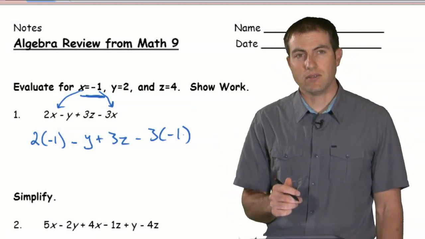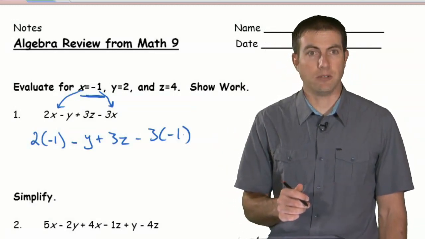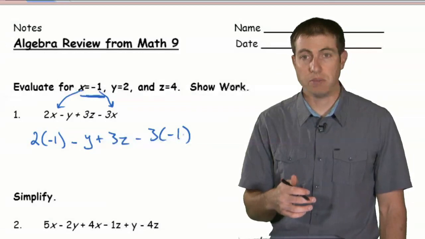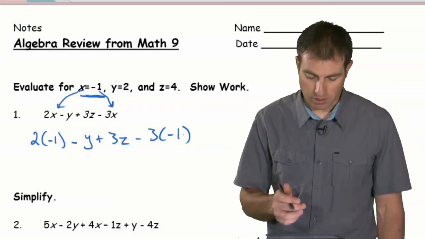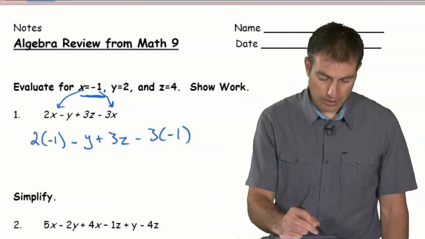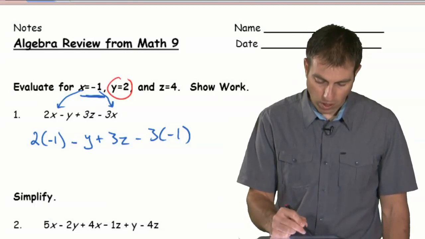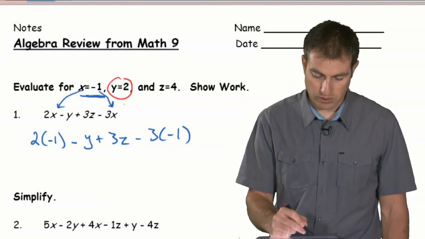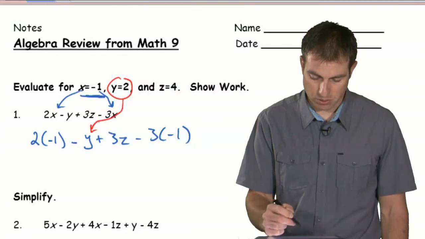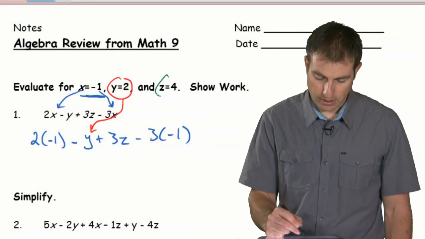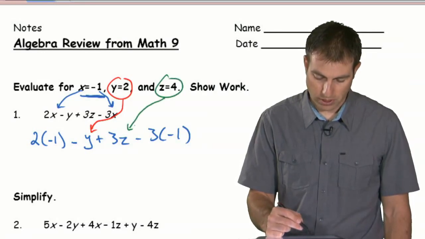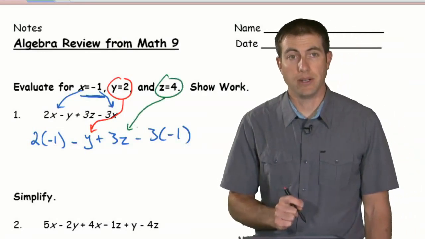Now, I kind of did just one step there, but typically as we get moving, I'll probably do a couple steps at a time. You can also see that the letter y is equal to 2. So anytime we see a y, we're going to put in a 2. And the letter z is equal to 4, so I'm going to put in the 4 there.